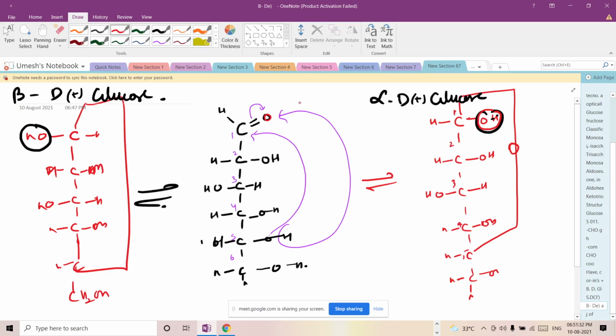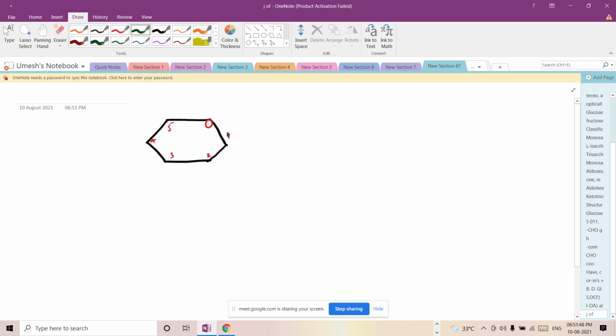Whatever groups are present on the right hand side have to be shown below the plane, and those on the left hand side will be shown above the plane. It means on the C1 position, OH down, H up.